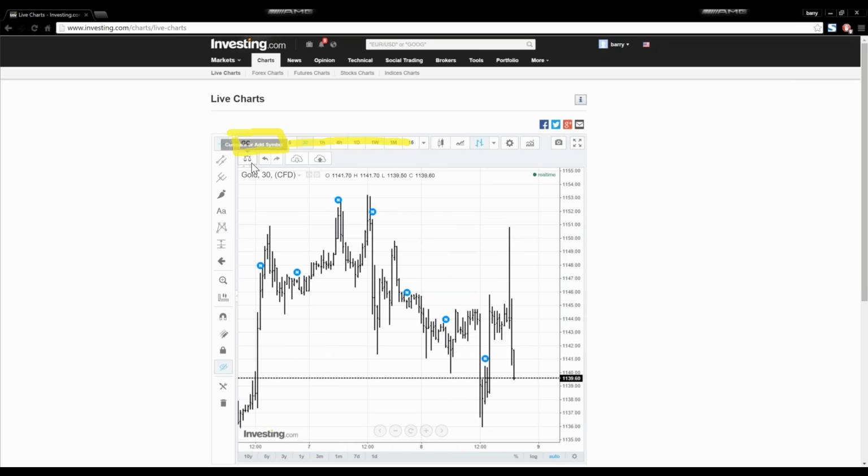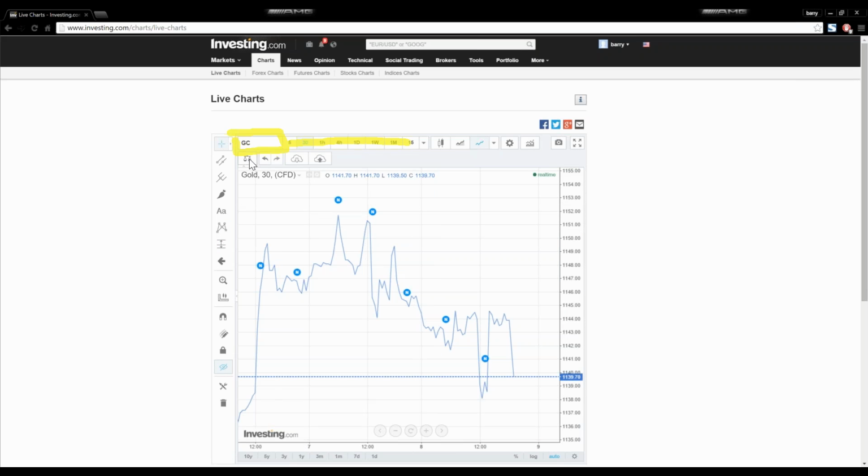Then from there we go to two important features you should use, which are nice now that they're available. Let's change this to a line chart. And we can now do comparative. So say we're looking at gold now and we want to add silver.